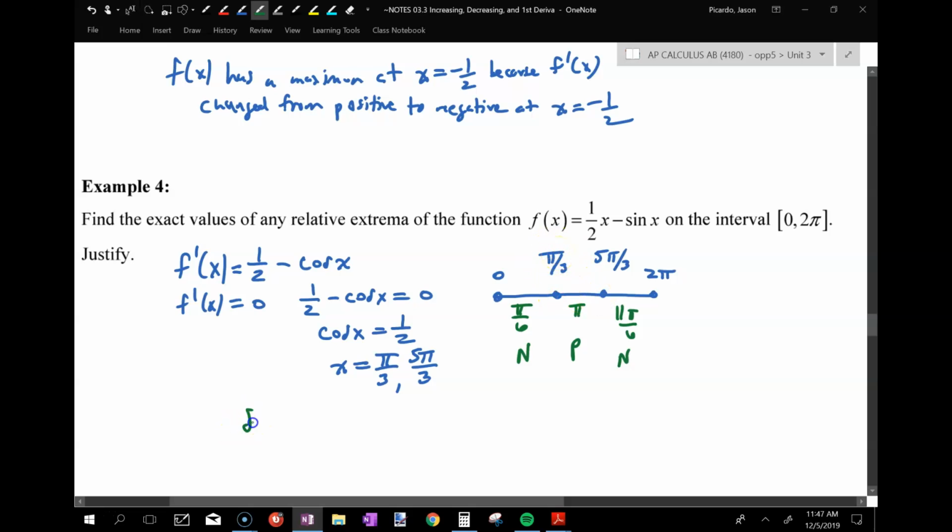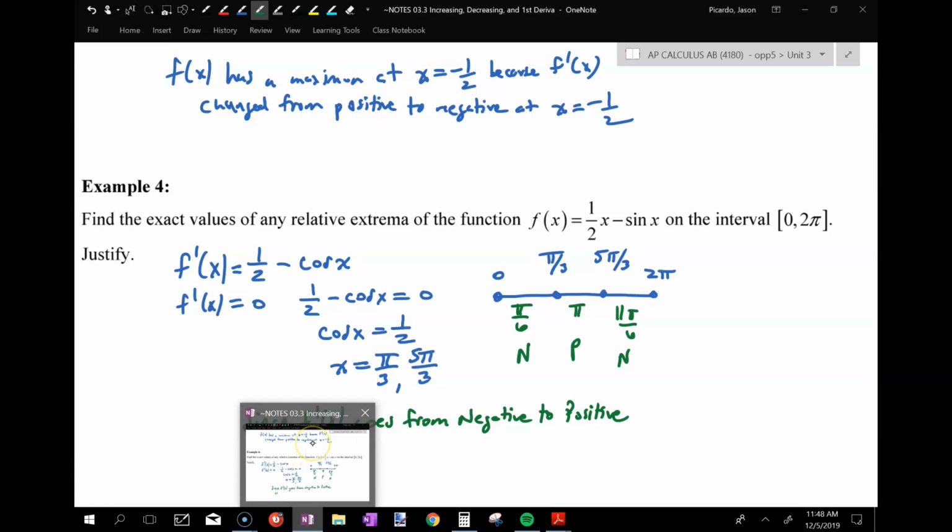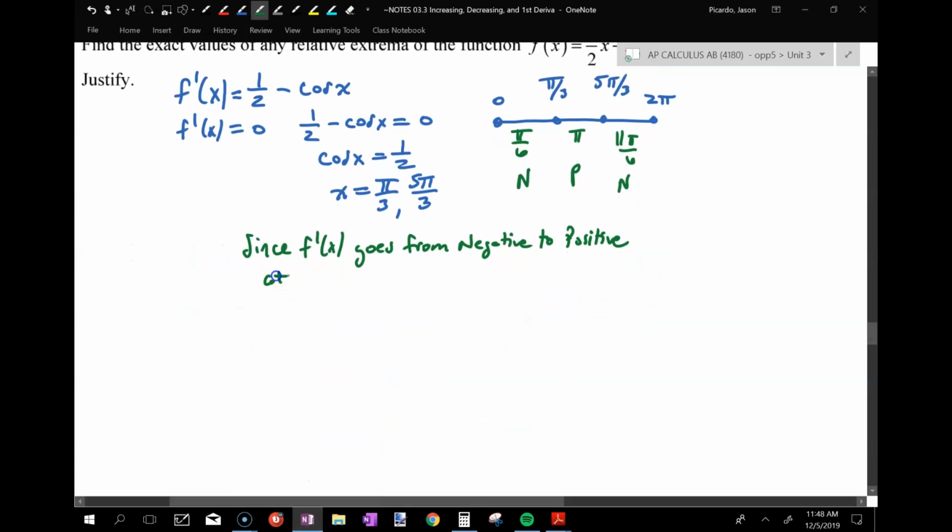So since, this is another way you could write what I did on the previous page. Since f prime of x goes from negative to positive at x equals pi over 3, x equals pi over 3 must be a minimum.